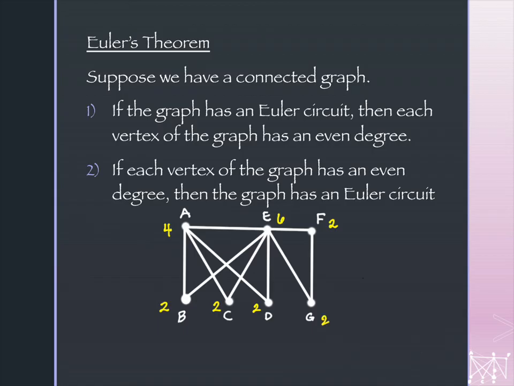And they are all even. Thank you so much, Nathan. They're all even. So this one will have an Euler circuit. Okay, makes sense? So we're counting the degrees. We can say yes, it does, or no, it doesn't.